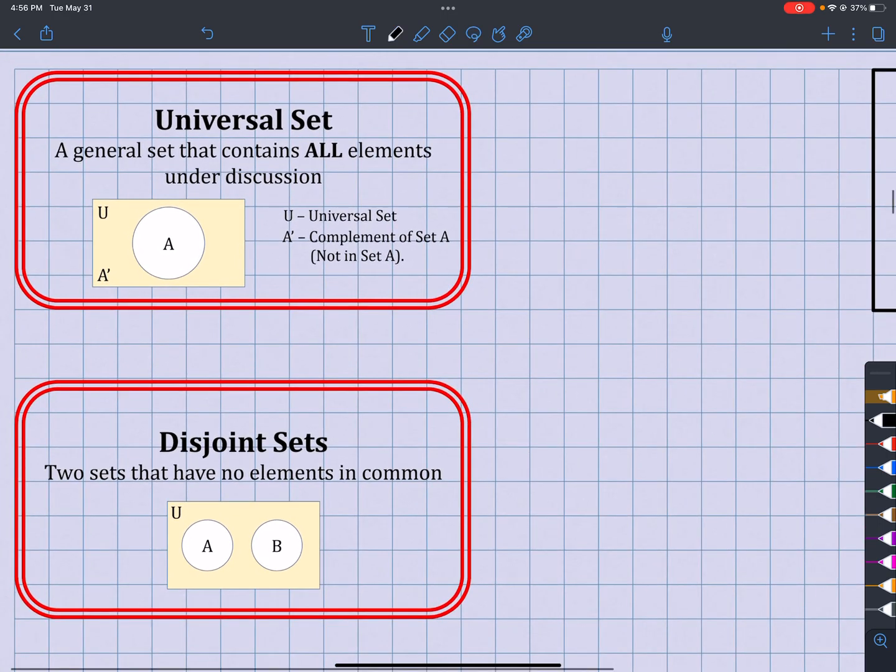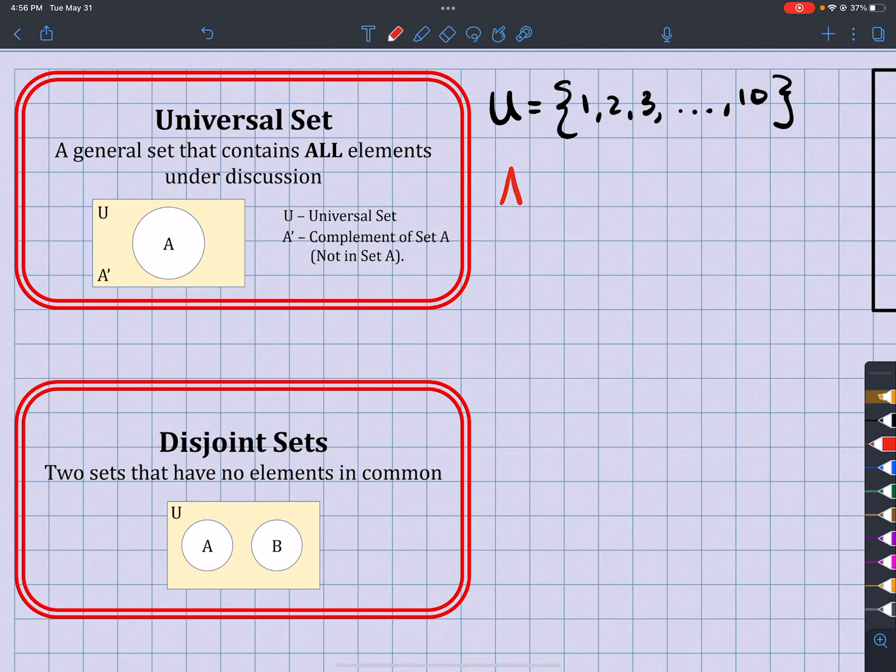Let's pretend that I'm going to create a universal set of just the numbers from 1 to 10. Those are only the numbers 1 through 10. And let's say set A is the numbers 4, 5, and 6. So what is not in A?